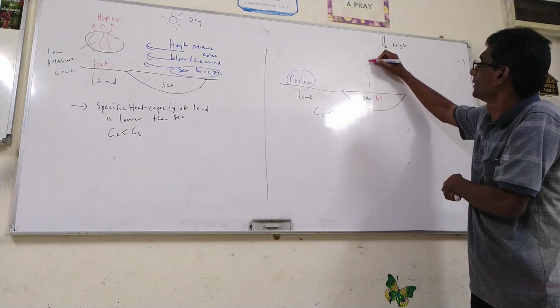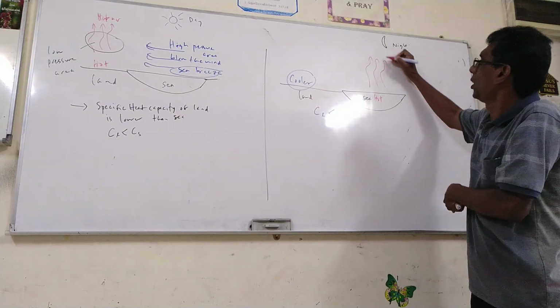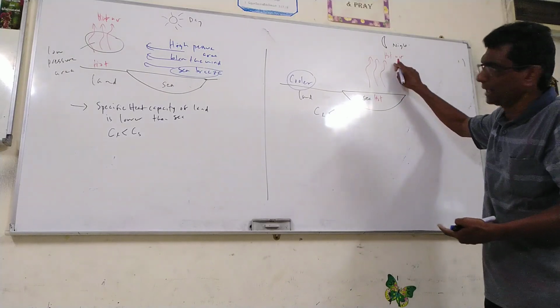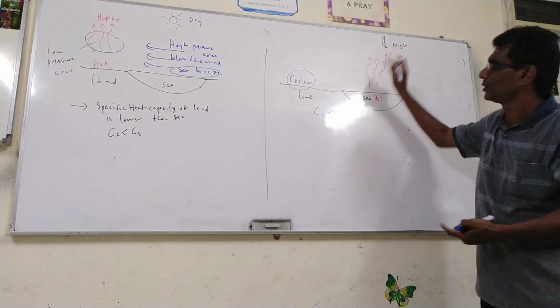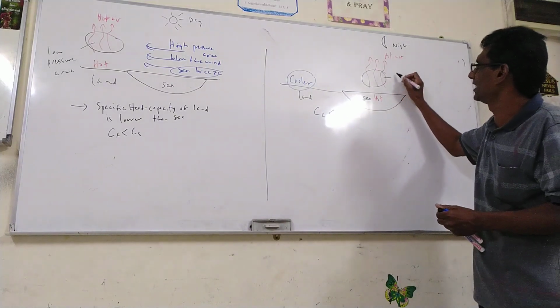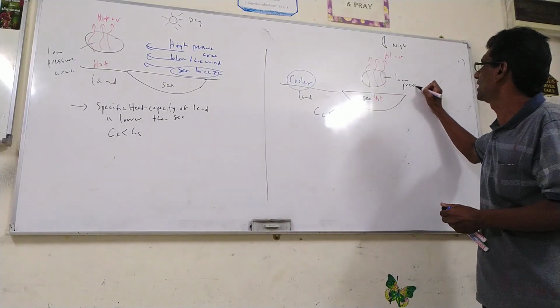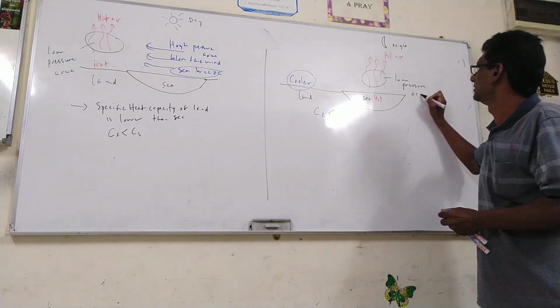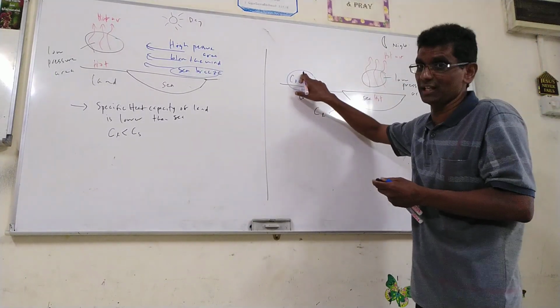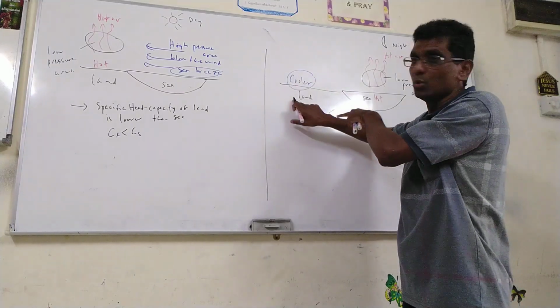So hot air from the sea rises up, creating a low pressure area. This is a higher pressure area because the land has cooled down.